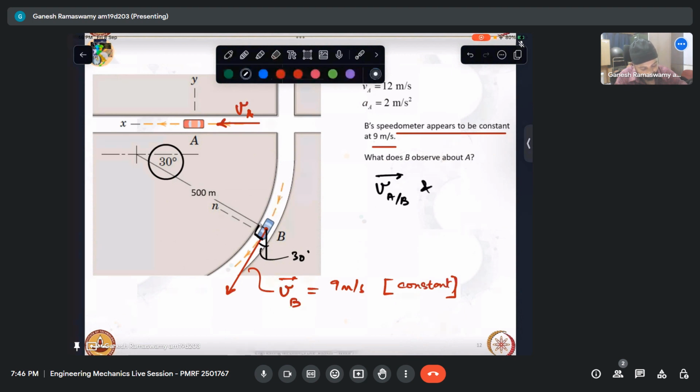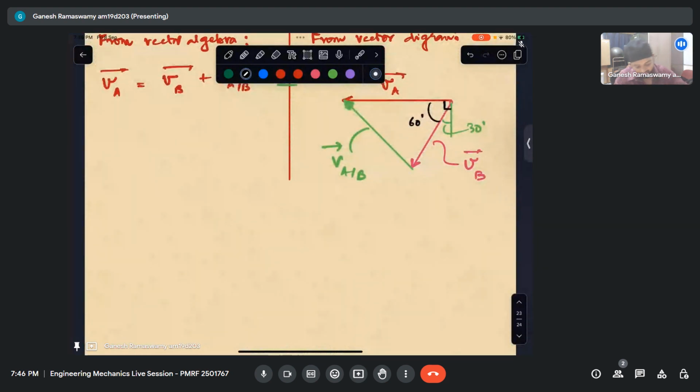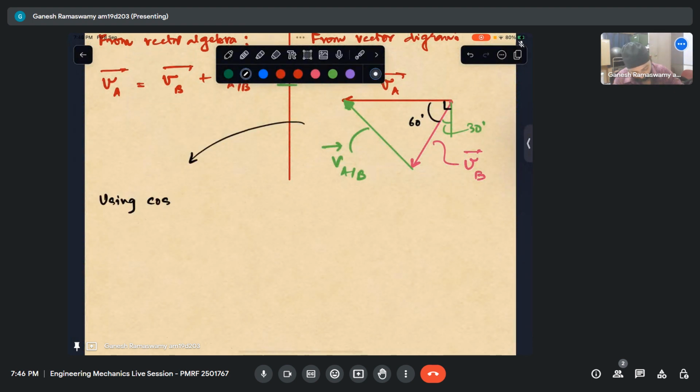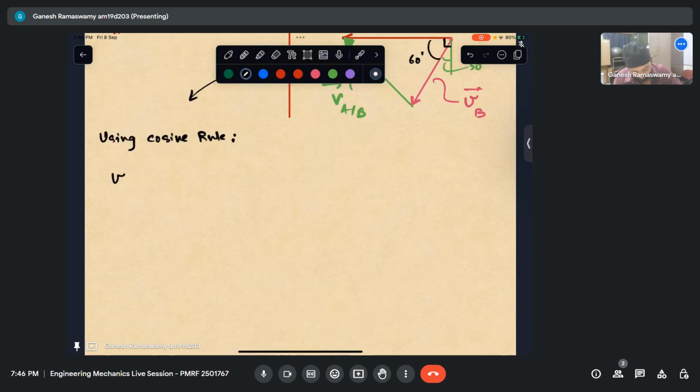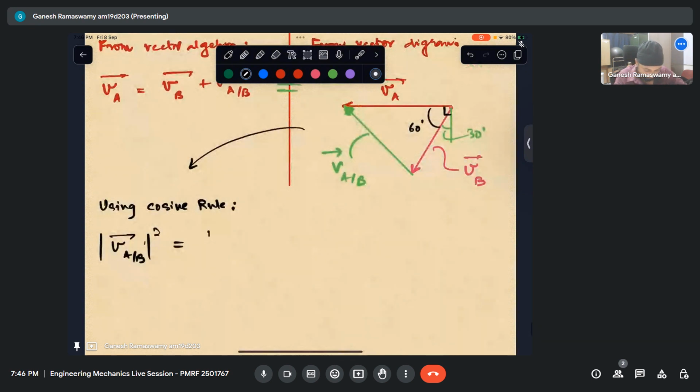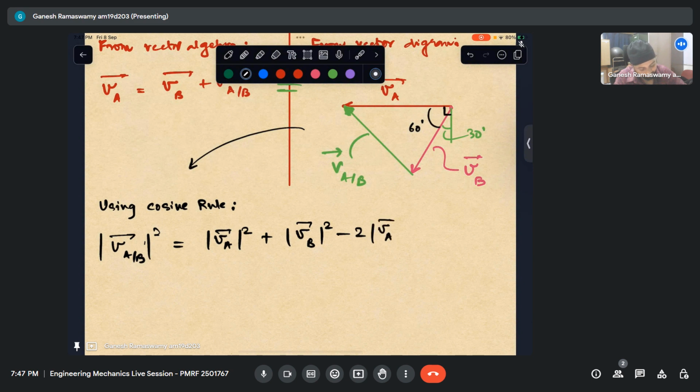Okay, so from here, using the cosine rule, I can see that the magnitude squared of velocity of A with respect to B is nothing but the magnitude of VA squared plus magnitude of VB squared minus 2 VA VB cos 60. So this I can clearly see. So what will this come out to be?